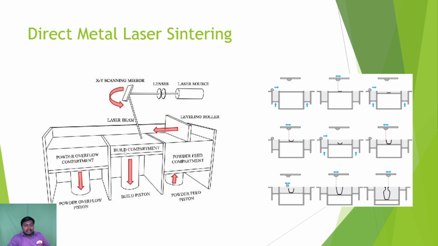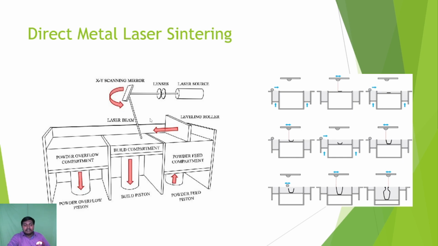Here also the laser source is focused to the XY scanning mirror. It also consists of the XY scanning mirror and laser beam, powder overflow piston and powder feed piston, building platform, and a leveling roller.